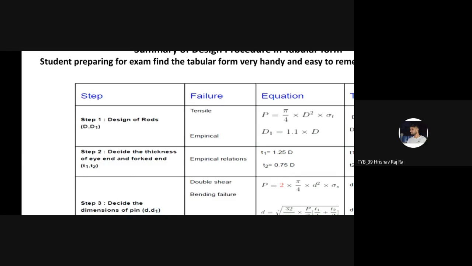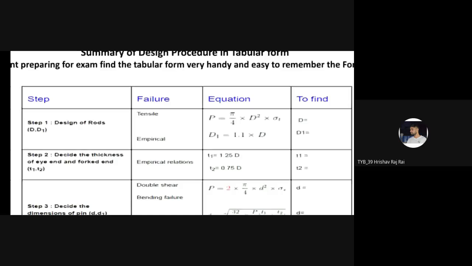T1 is the convention which we are going to use for the thickness of the single eye, and T2 is the convention for the thickness of the double eye, and it is given by T1 is equal to 1.26 of the rod diameter and T2 is equal to 1.75 of the rod diameter. At this step, we are going to get the values of T1 and T2.